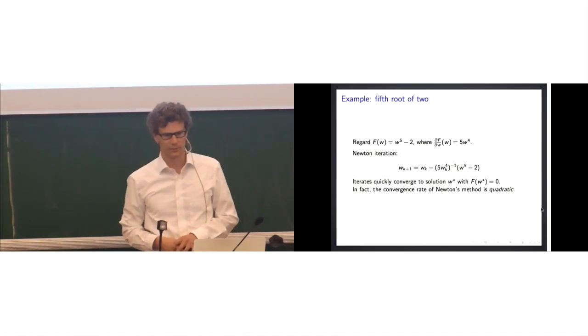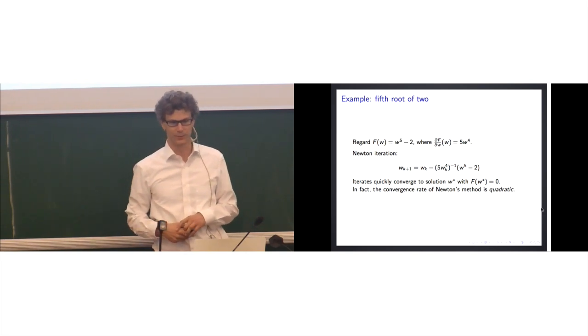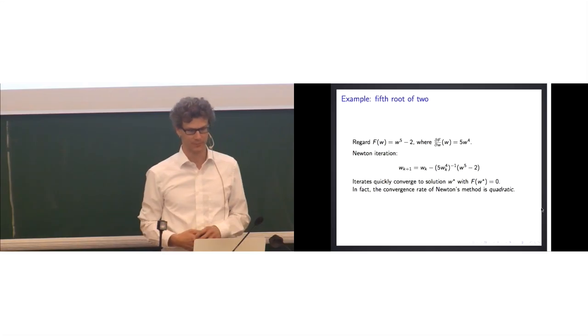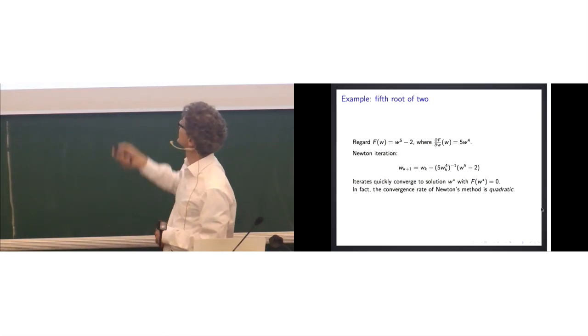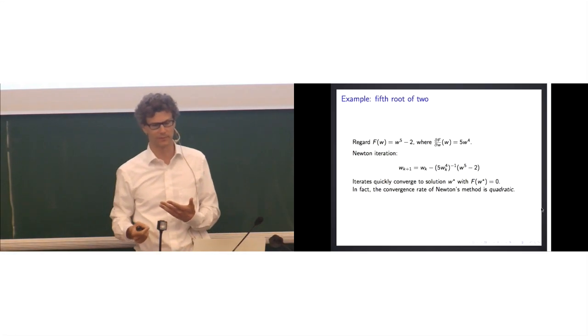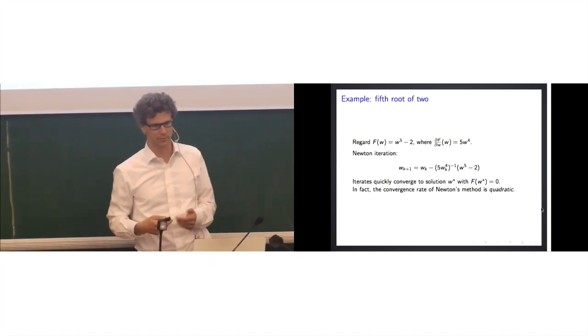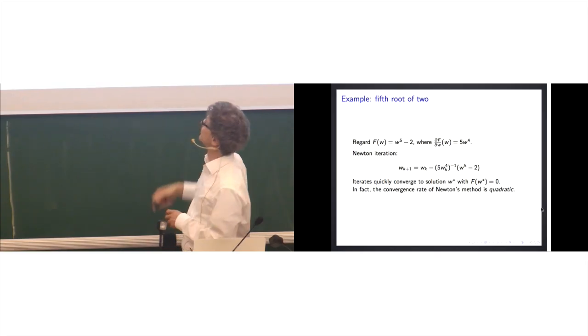So I want to give you one example, a one-dimensional example, so that it's easy to compute. The fifth root of 2. So how would we compute the fifth root of 2? Actually, we would just formulate a root finding equation that says w to the power of 5 minus 2 should be 0. And then you can compute the derivative. What is its derivative? It is 5 times w to the power of 4.